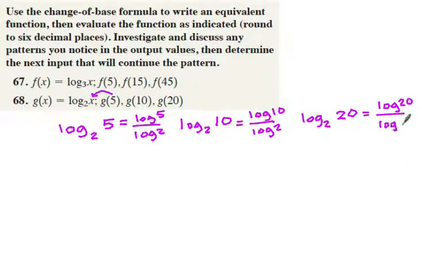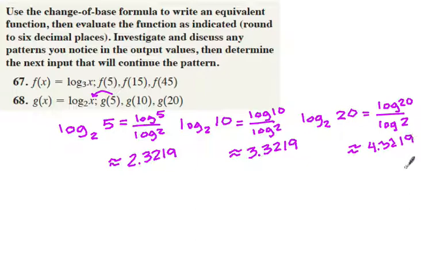And then what it wants us to do is see if we can identify any patterns. So if you type this into the calculator, you'll get a decimal approximation. Ends up being 2.3219. We can do the same thing with the rest of these. This decimal approximation ends up being 3.3219. And this one ends up being 4.3219.